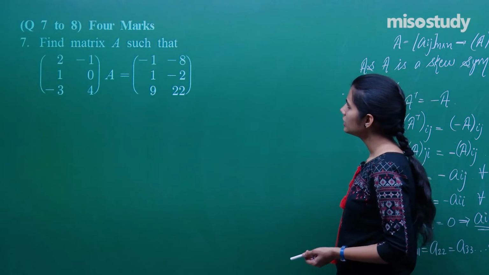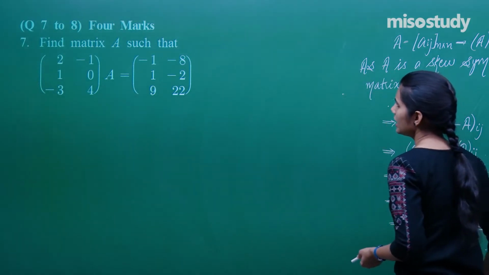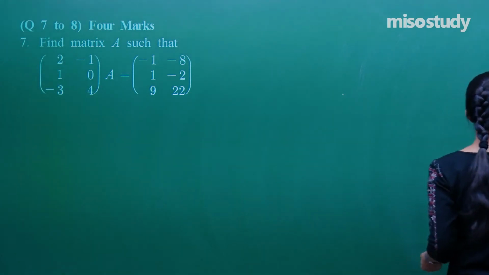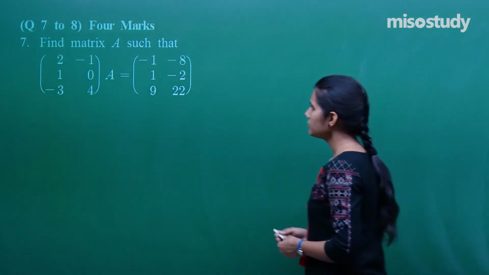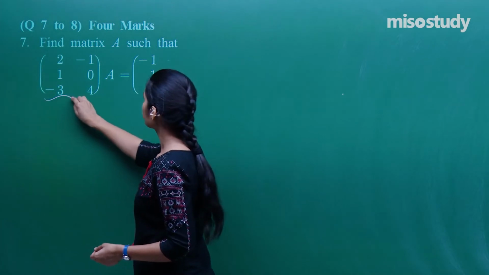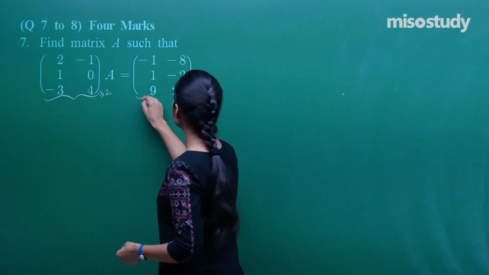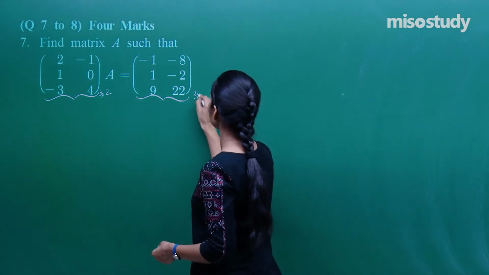Next we have to find a matrix A such that this into A is given to you to be equal to the other matrix. Now, please understand this matrix is of order, what is the order? 3 rows 2 columns, so it is 3 cross 2, and this resulting matrix is again of order 3 cross 2.